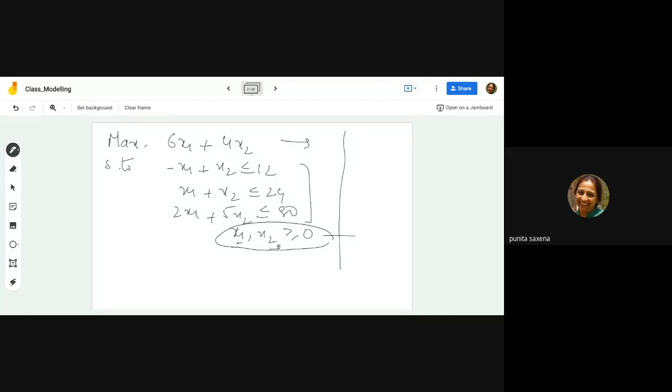So it's understood that our algorithm will always talk of feasible solutions, and we need not write the restrictions again and again. These are my constraints and this is my objective function. My objective function is maximization type, and all my constraints are less than or equal to types, so my first assumption is justified. This is what I have to check initially.